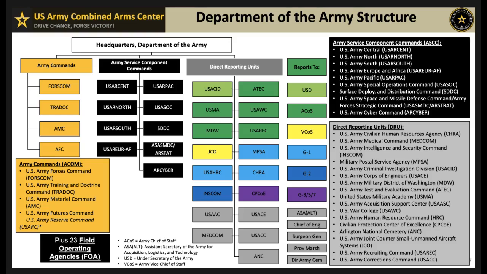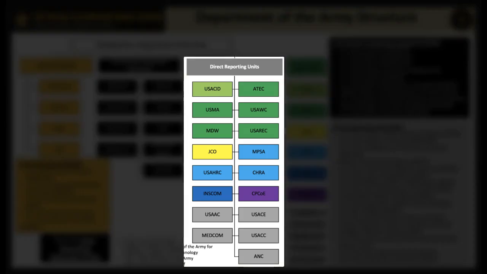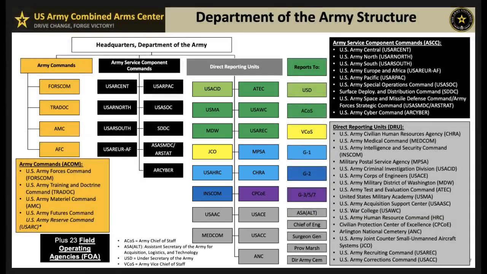These ACOMs are vital to maintaining a combat-ready force. Direct Reporting Units, DRUs, operate directly under the Department of the Army, tackling specific tasks like healthcare, intelligence, and criminal investigations. Field Operating Agencies provide specialized support across various Army functions.